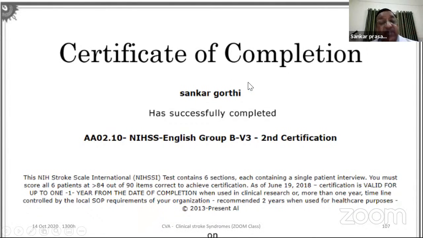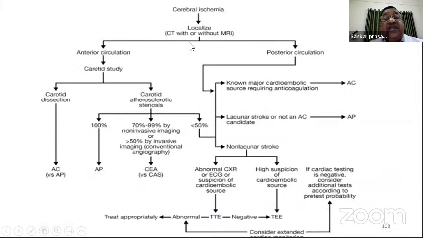We keep on doing it to improve our skills in clinical examination. The students benefit immensely if you do the NIH stroke scale certification. Anybody who wants to know more, you can come and discuss with me. So that will bring us to the last slide.